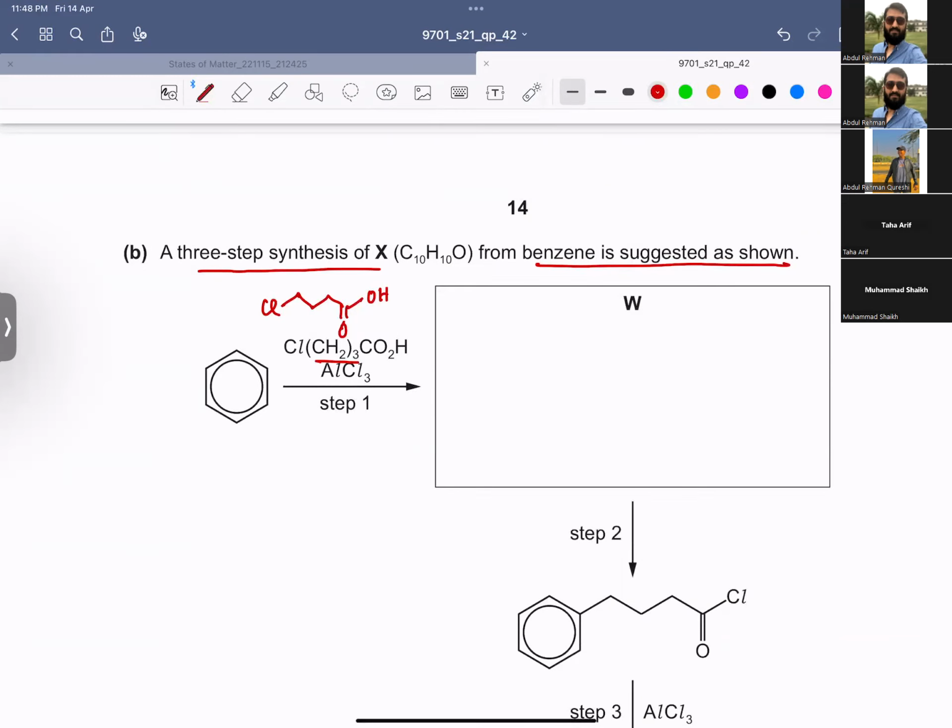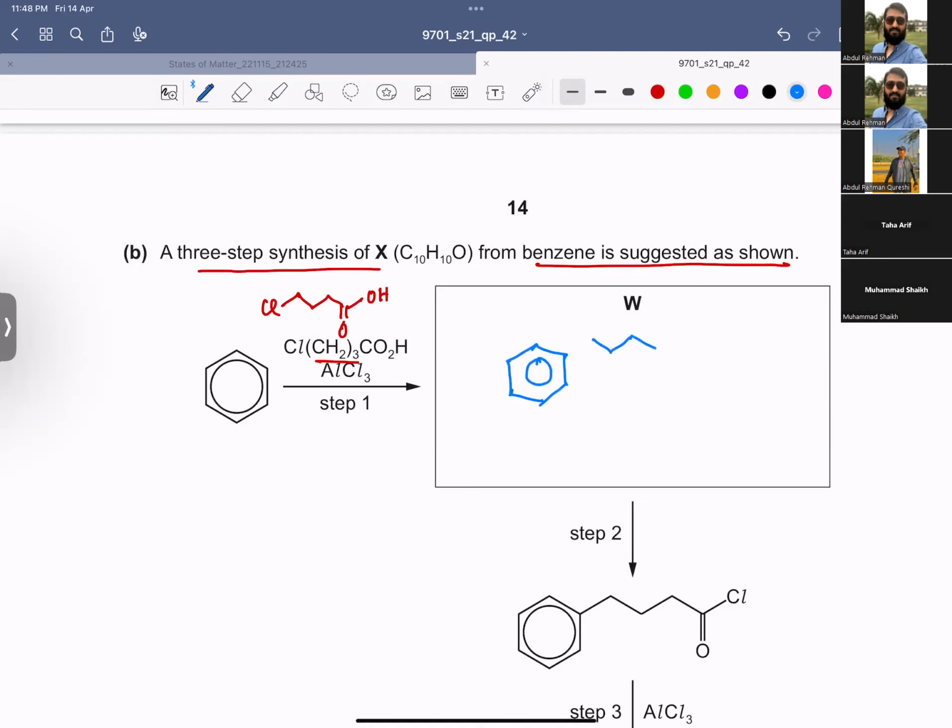So what happens in the alkylation of benzene is that the chlorine is removed from the molecule and the carbon from where the chlorine is removed is actually bonded to a benzene ring.